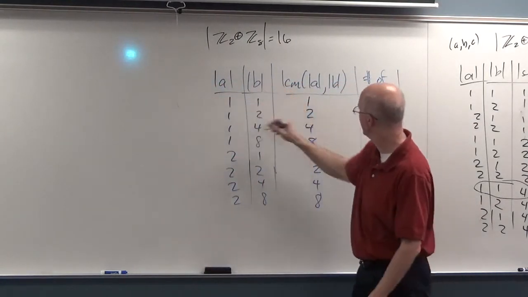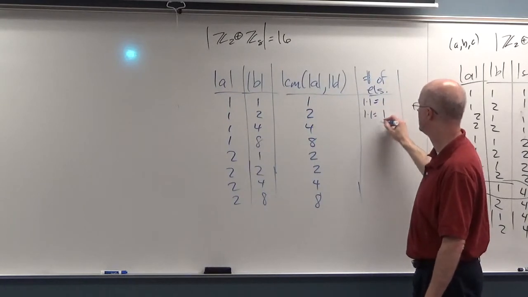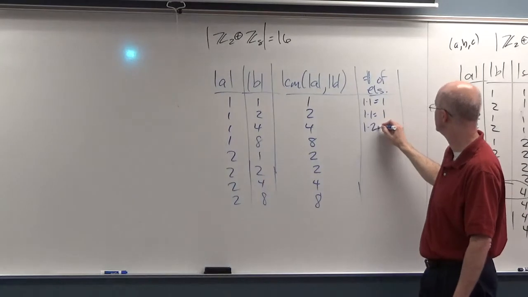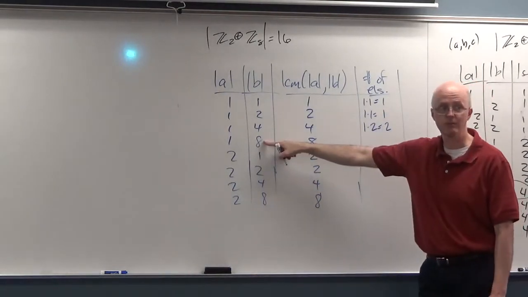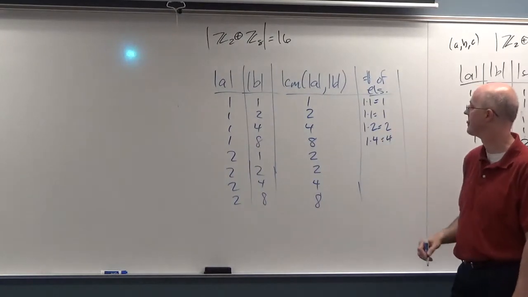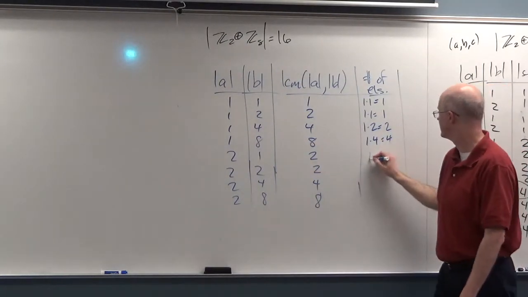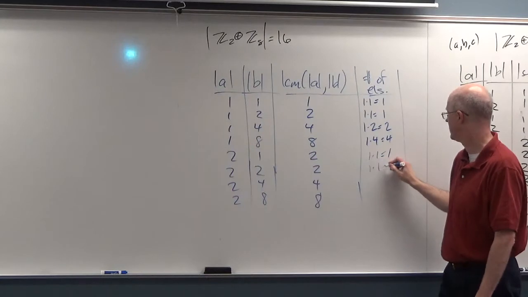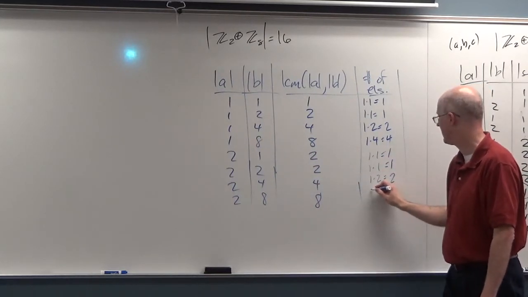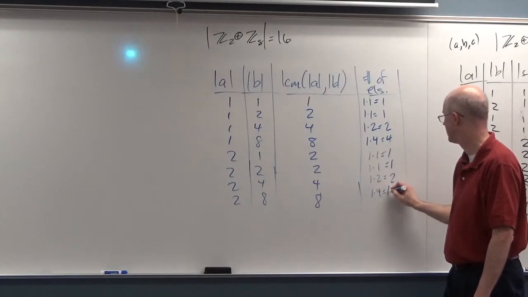Put it back over here now. 2 elements of order 4. So you get a 1 times 2 is 2. 4 elements of order 8. So you get a 1 times 4 is 4. Then a 1 times 1, a 1 times 1, 1 times 2, and a 1 times 4.